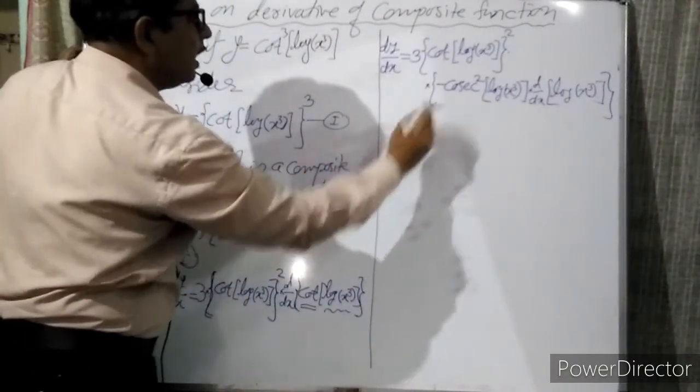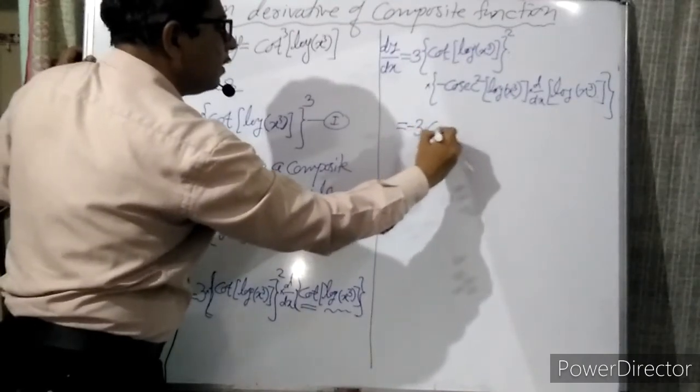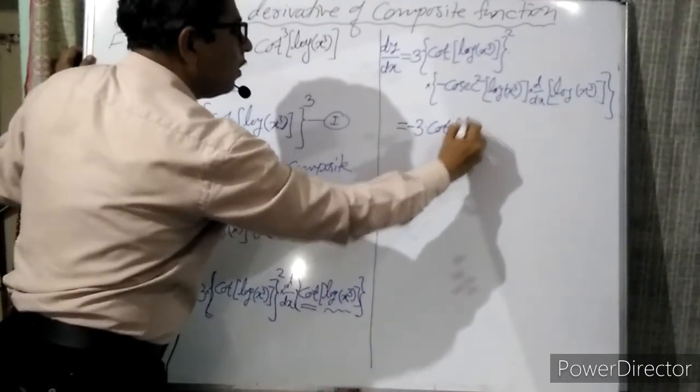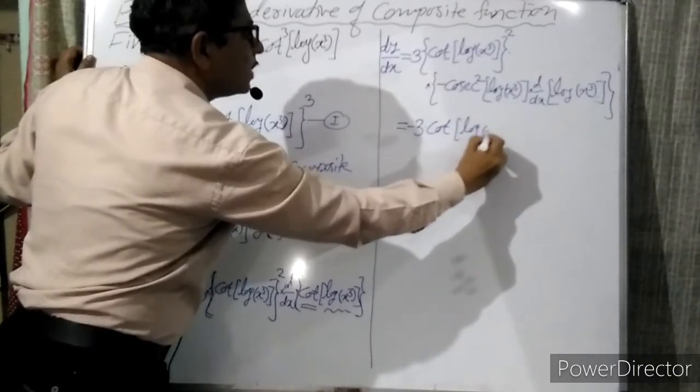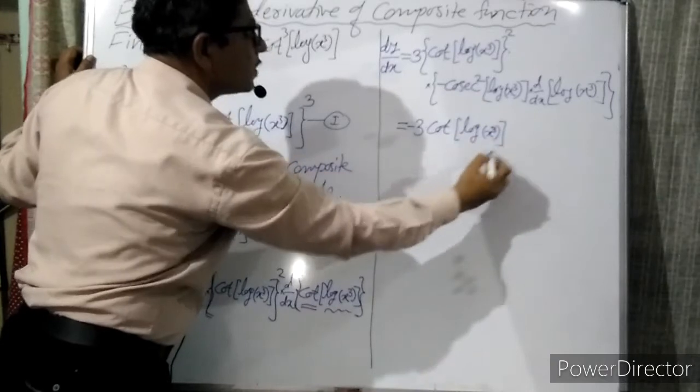which is equal to, I will bring this minus sign outside, minus 3 cot of log of x cube, it's a square.